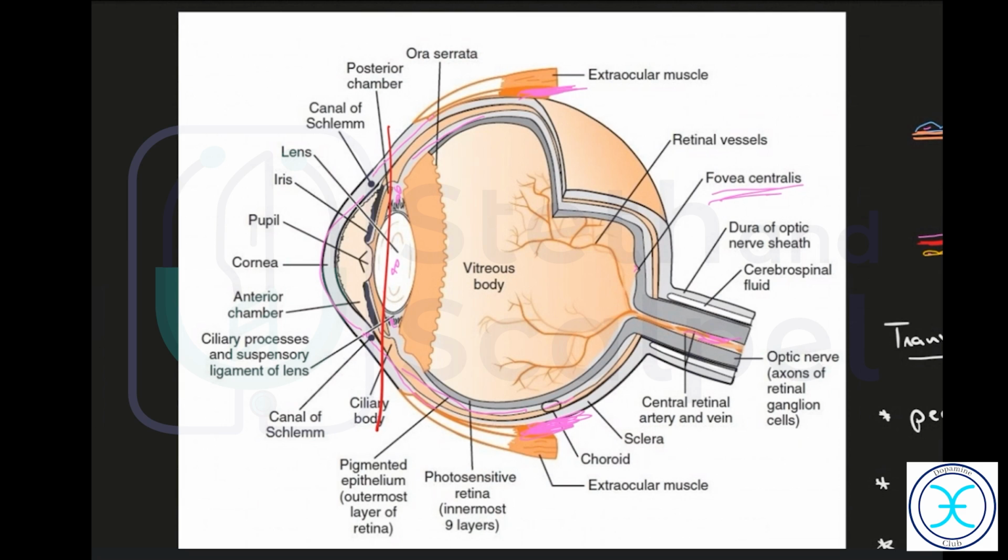Can someone tell me the various differential diagnoses for red eye? If a patient comes to the OPD with a red eye, what are the things you will have in your mind as possible diagnoses? Congestive glaucoma, acute iridocyclitis, and conjunctivitis.